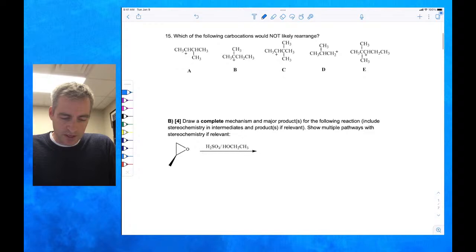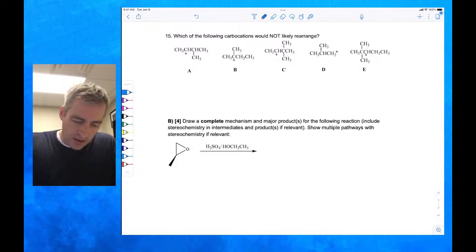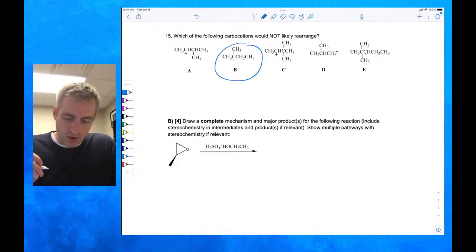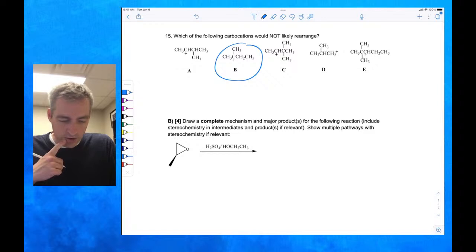Question 15 off the same exam says, which of the following carbocations would likely not rearrange? So carbocations that will not rearrange are ones that are tertiary already, since they're already as stable as they could be. And B is tertiary, so I'd say B is likely to not rearrange.